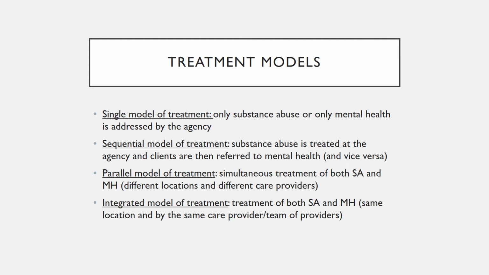That's when treatment can really work best. That doesn't mean that these other ways of treating, parallel or sequential, are not effective, but it's being shown that the most effective way to treat a co-occurring disorder is through this integrated model.